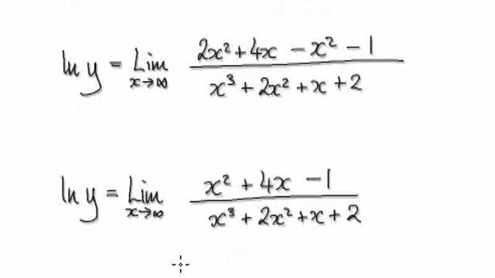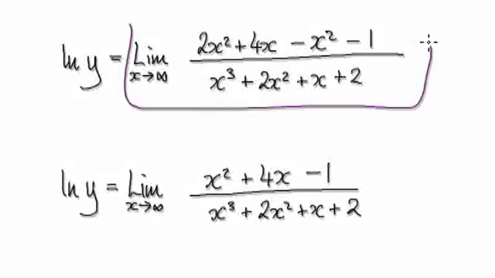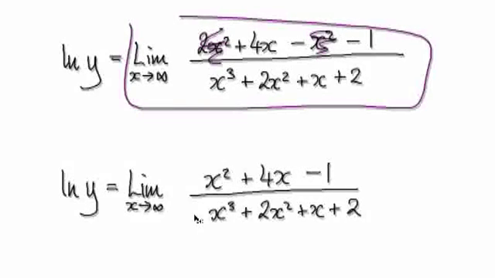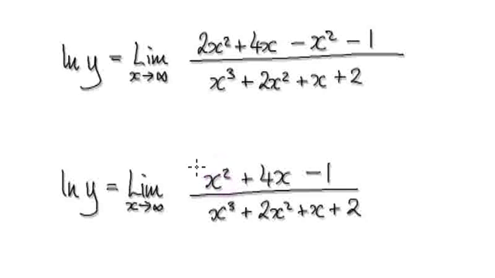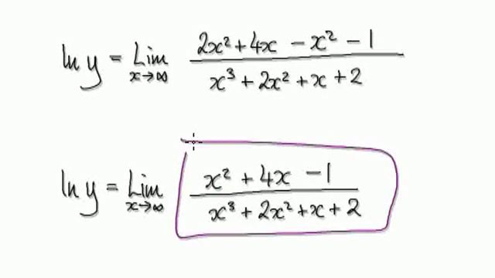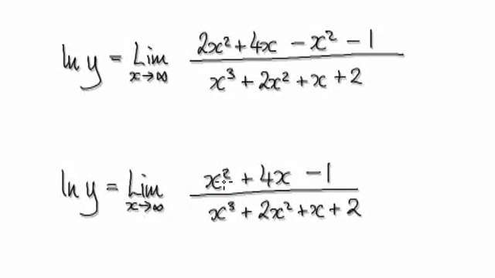So now when you get to this stage here, tidy up again. So that will then take you to this stage here, and then when you get to this stage here, yes, you could divide everything by x squared, and so on.